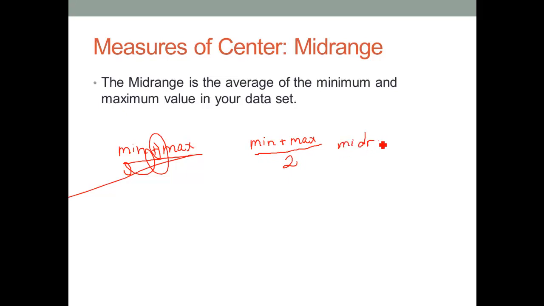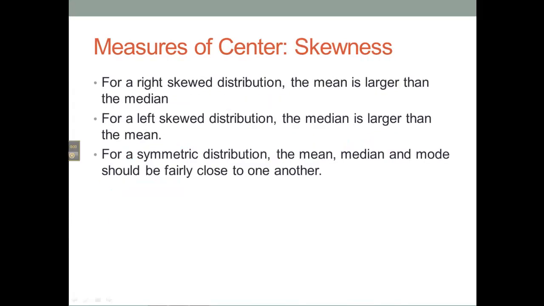You need that when talking about range. Mid-range and range don't tell you a whole lot, and they ignore a lot about the data. What we are really going to be focusing on today is the percentiles, quartiles, standard deviation, and mean. So just keep mid-range in the back of your mind along with mode and range.